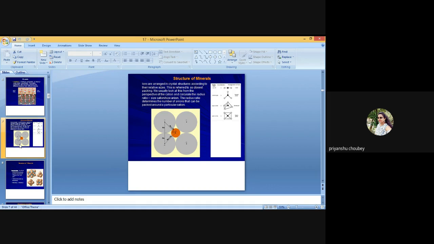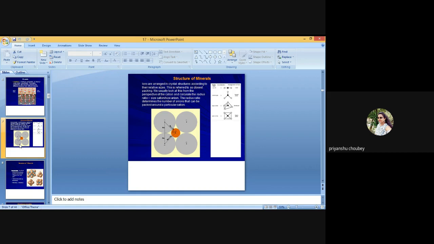I repeat again, it is chosen in such a way that it should cut all three crystallographic axes at intercepts A, B, and C on the X, Y, and Z axis respectively.